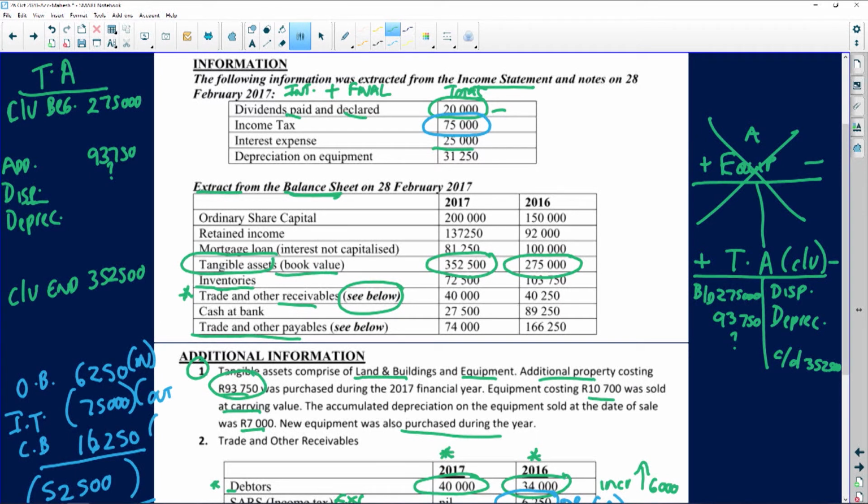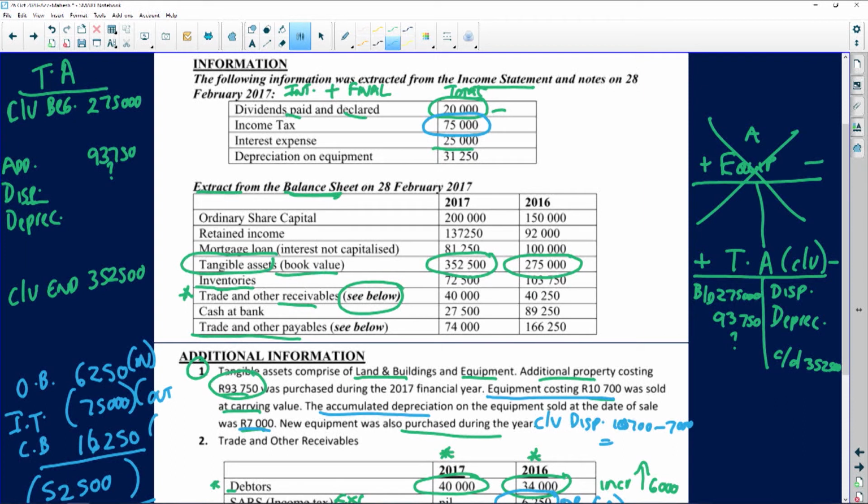Now, if we look at our information one more time, equipment costing 10,700 Rand was sold at carrying value. The accumulated depreciation at the date of sale was 7,000. So remember, carrying value for disposal is my cost, 10,700, okay, less accumulated depreciation of 7,000. And that gives me a carrying value of, it should be 3,700.